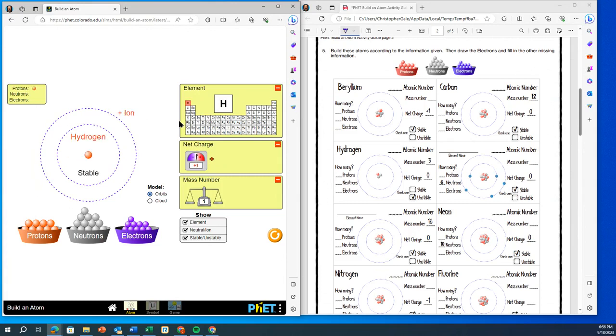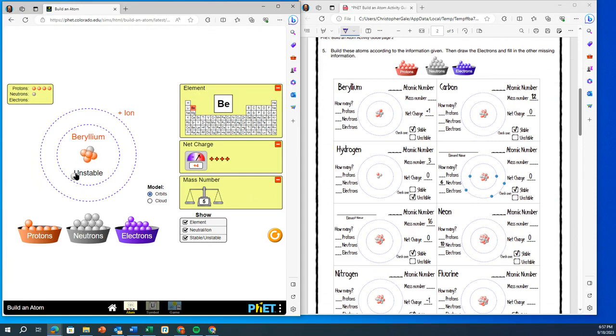And beryllium is Be. There we go. 4, beryllium. And here you've got the name. It matches this name. We want it to be stable. So remember, neutrons give us stability.